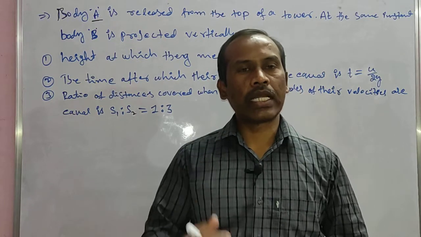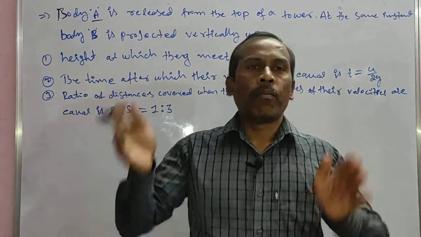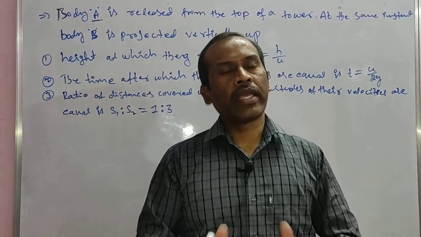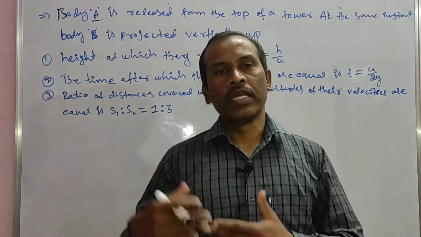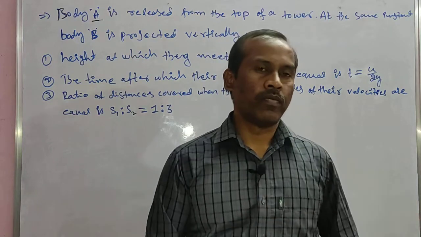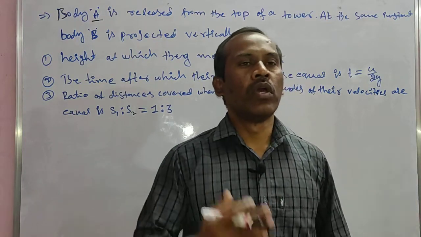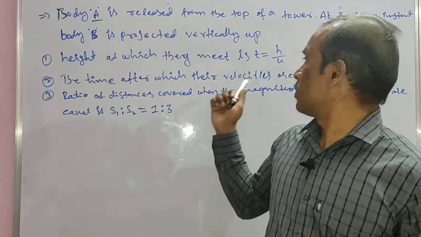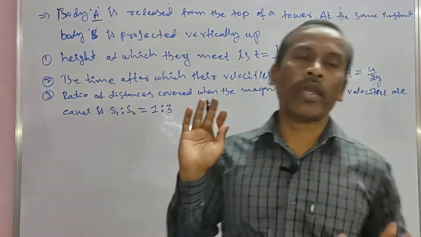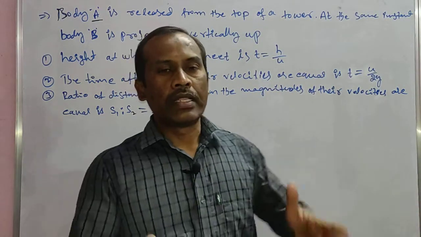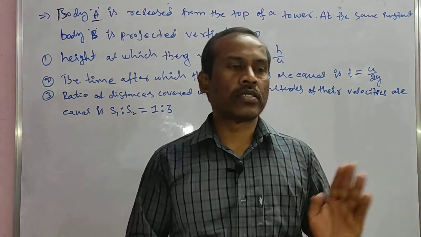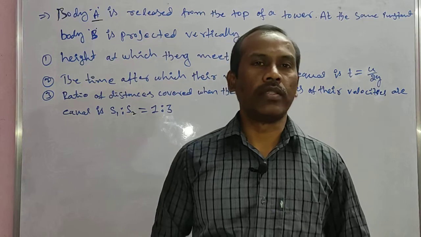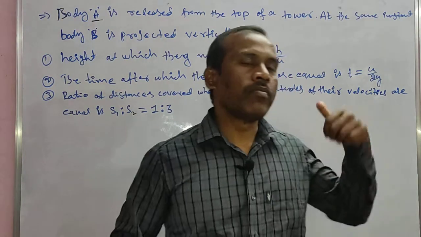Second, at any instant their velocities are equal, that means v1 is equal to v2, so t is equal to u by 2g. Third, the distances covered by the two bodies: s1 is to s2 is equal to 1 is to 3. Show these from the equations.